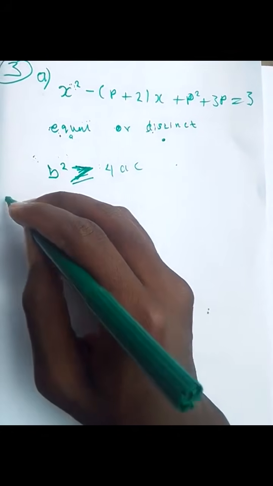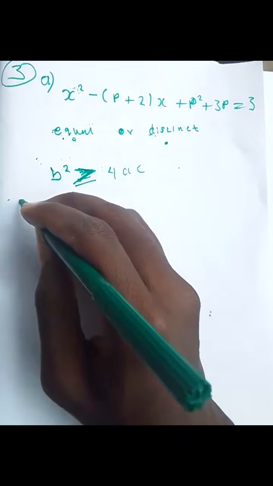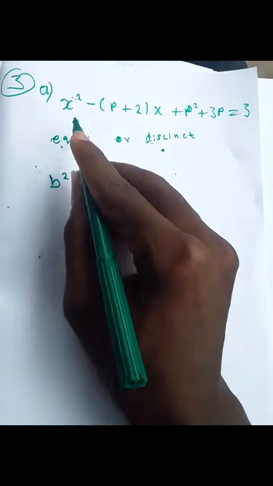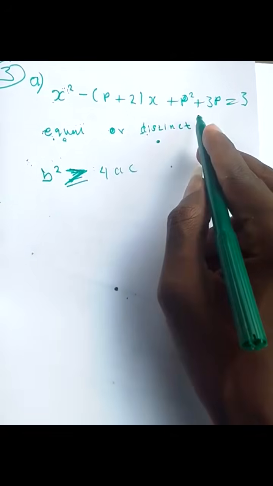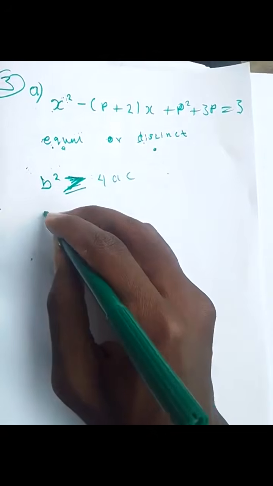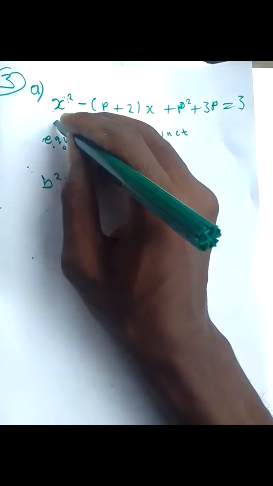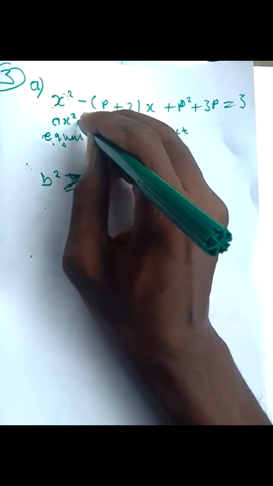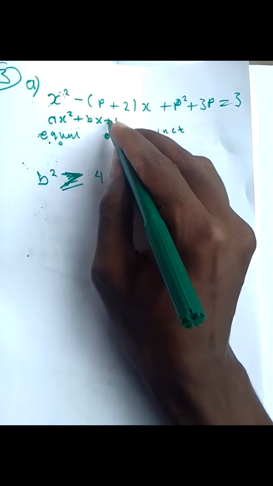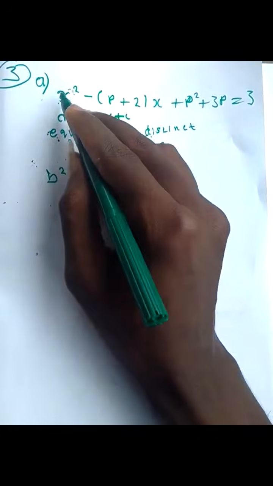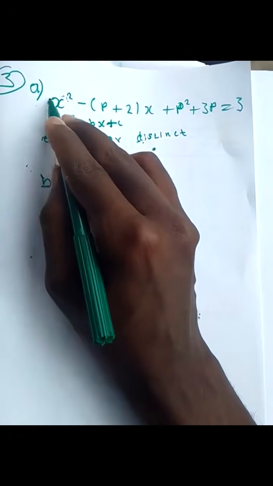So where is b? So let's analyze this one. If you look at this equation given, this is a quadratic equation. And if you remember, a quadratic equation is written in the format of ax power 2 plus bx plus c. So what is our a? Our a is whatever is coming in front of x power 2, right?